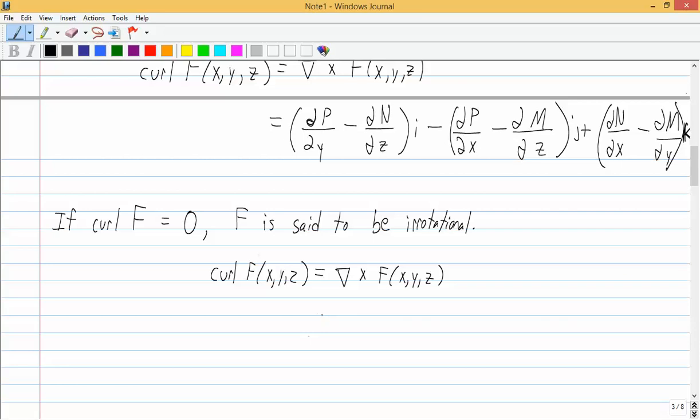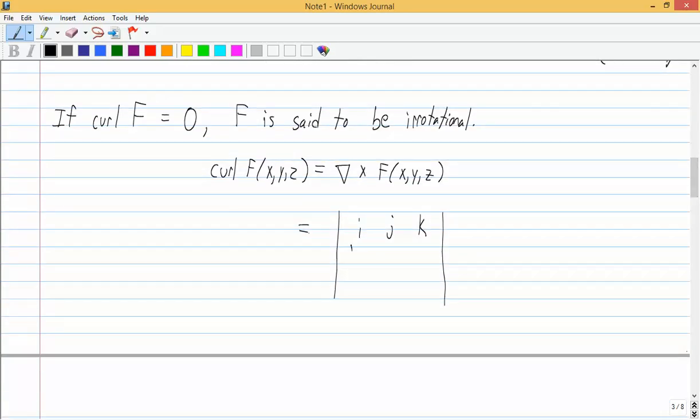You say the 3 by 3 determinant, i, j, k on the first row, partial with respect to x, partial with respect to y, partial with respect to z is the second row, and then M, N, and P is the last row. Then evaluate that 3 by 3 determinant and you get the formula that I gave you. So you don't have to go through that every time, just use the formula. It's kind of like a shortcut.